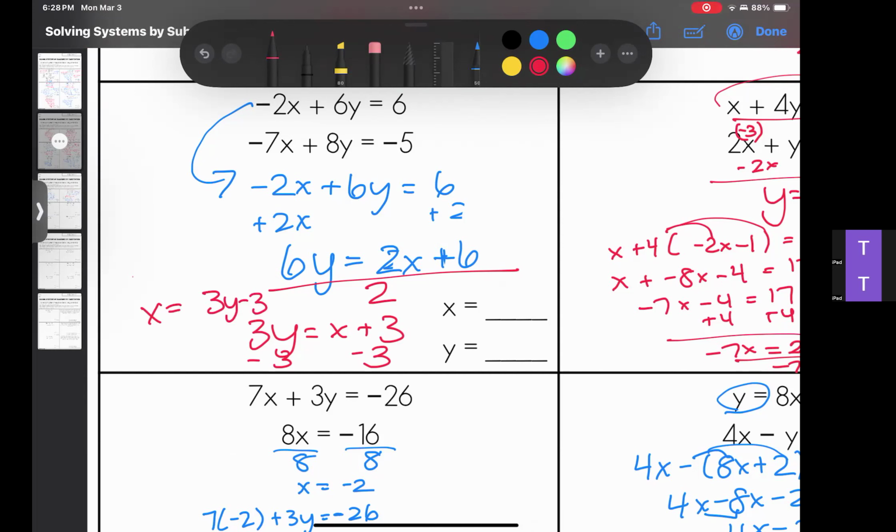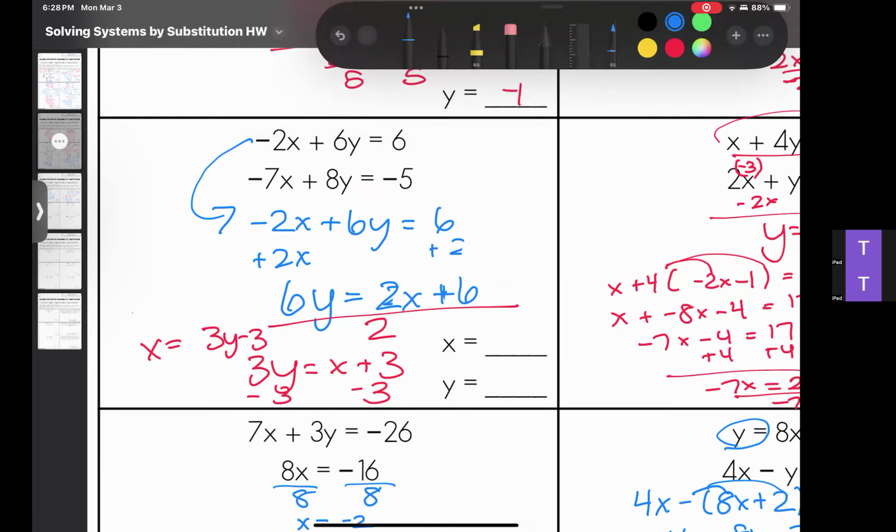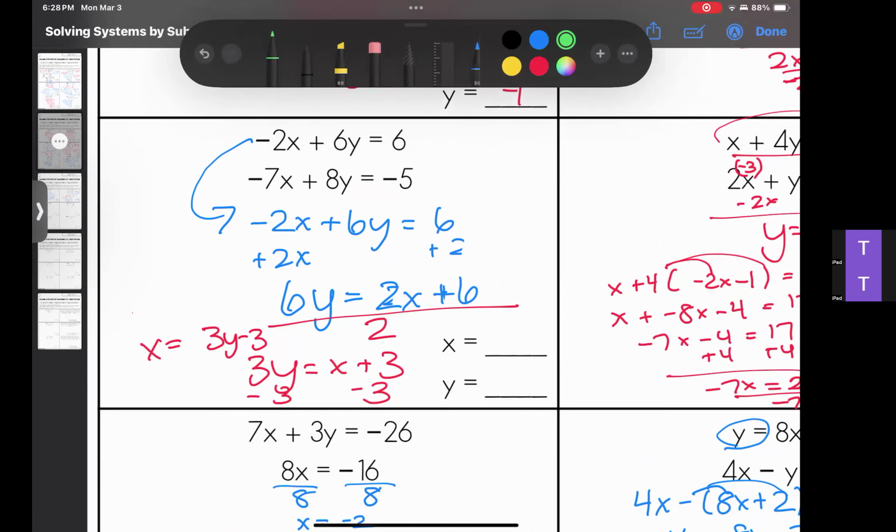Ooh, plot twist. Okay, wait a minute. We're going all in on this. So we could take this and do -7 times 3y minus 3 plus 8y equals -5.